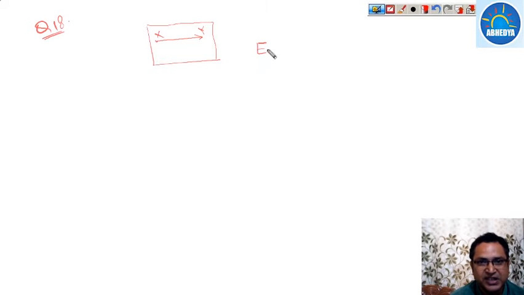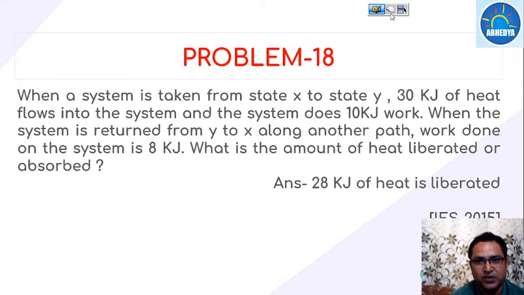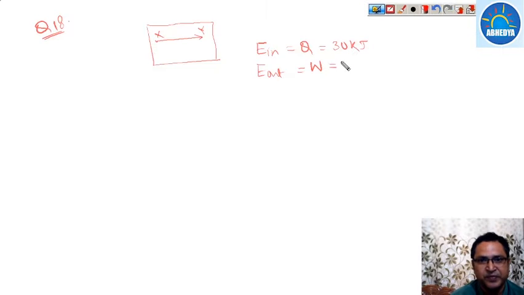So what is E in? E in is nothing but the heat input, that is 30 kilojoule, and what is E out, which is coming out of the system? It is nothing but W, which is 10 kilojoule of work. So by using the first law, E in minus E out is equal to delta E system.